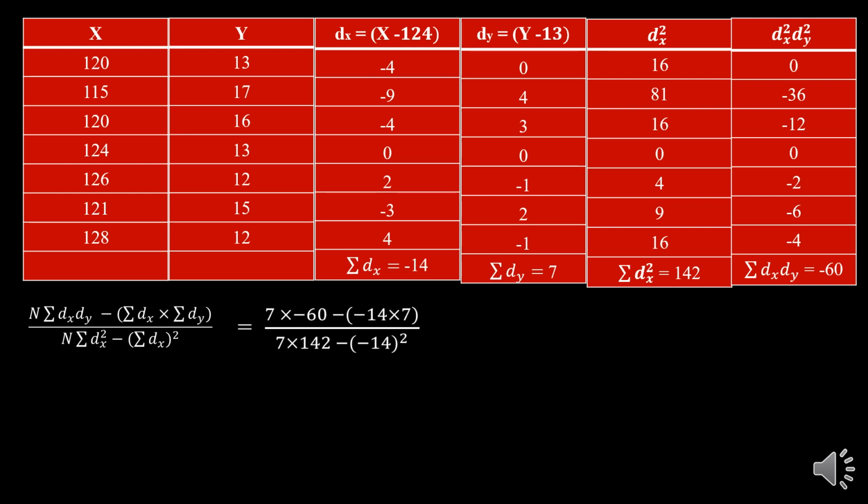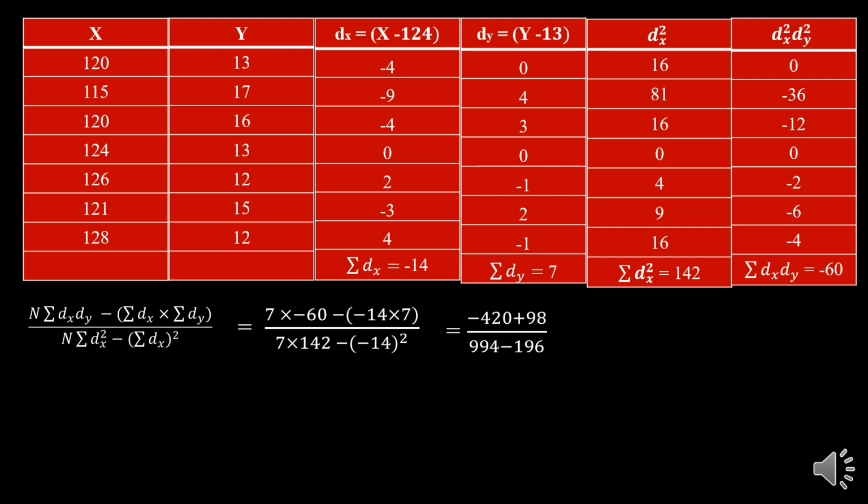When we put it into the formula: 7, that is n, into summation dx dy, which is minus 16, minus, in the bracket, minus 14, which is the sum of dx, into the sum of dy, which is 7, whole divided by 7 into 142 minus, in the bracket, summation dx, which is minus 14, square.